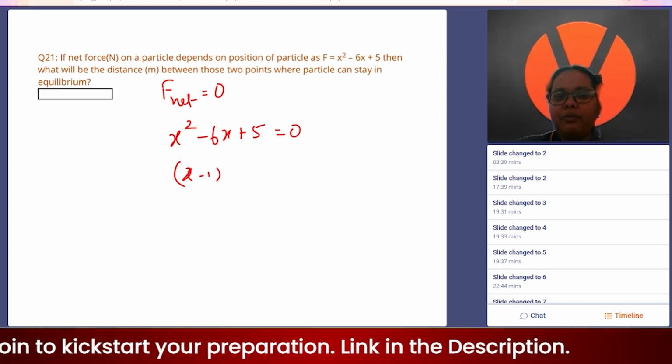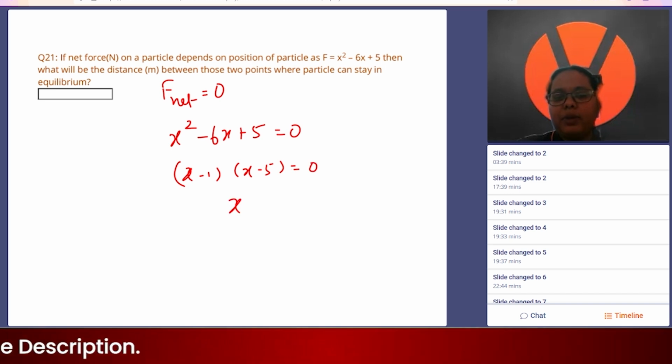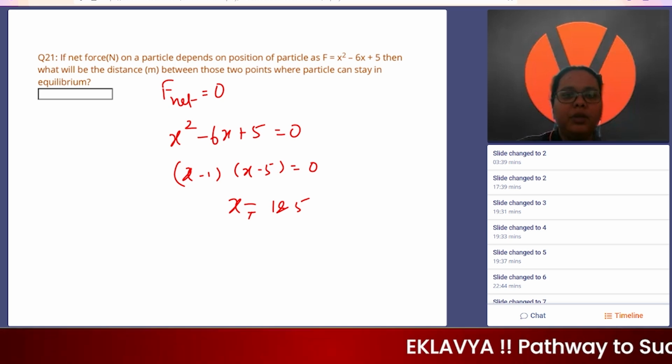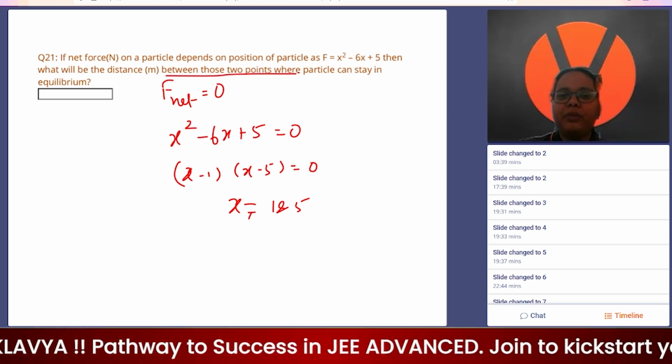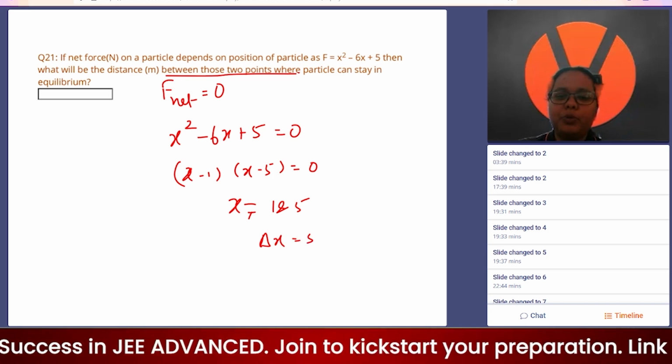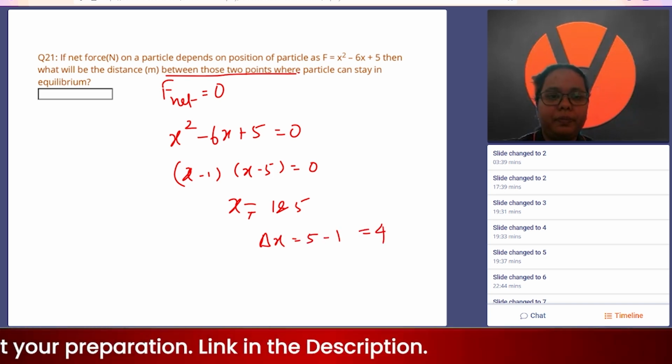By factorization, you will get x value as 1 and 5. The distance between those 2 points is the change in position, 5 minus 1, so the answer will be 4.